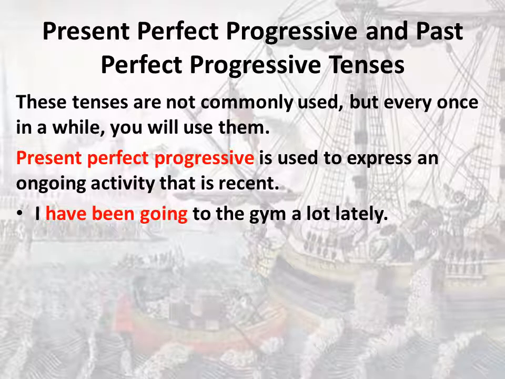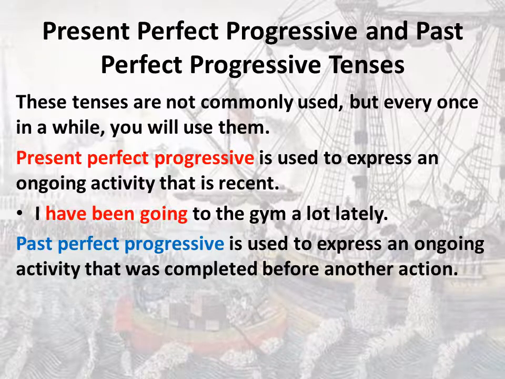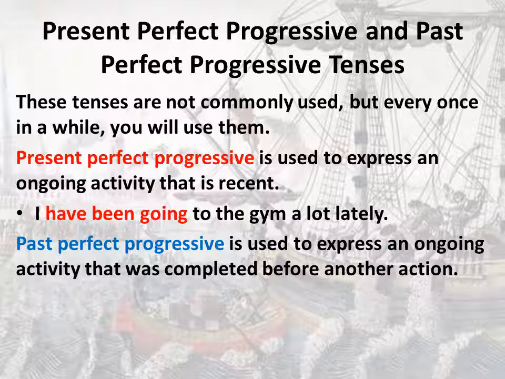For instance, I have been going to the gym a lot lately. That word lately means it's recent, and it's an ongoing activity that's shown in the present perfect progressive, have been going.